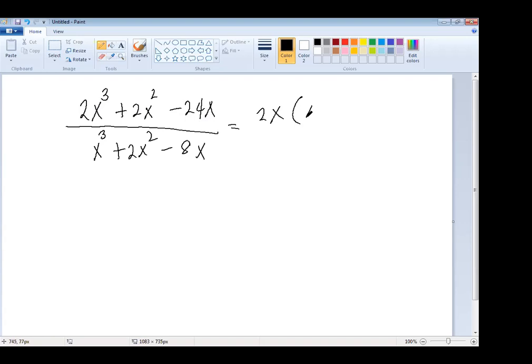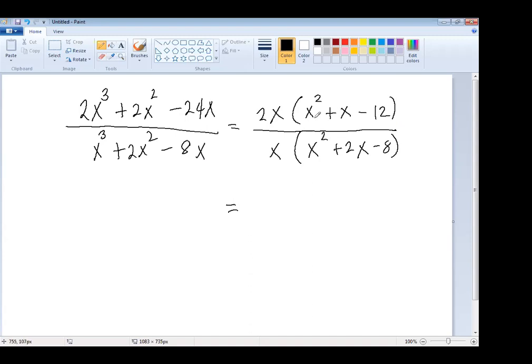We will have x squared plus x minus 12, right? All over, what is the factor in the denominator? We have the common factor only x, times x squared plus 2x minus 8.